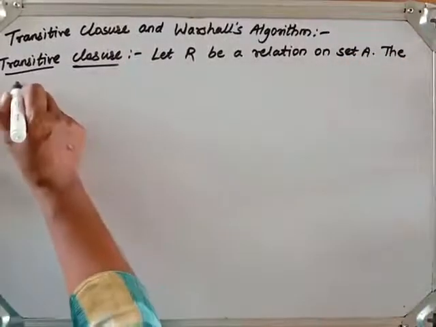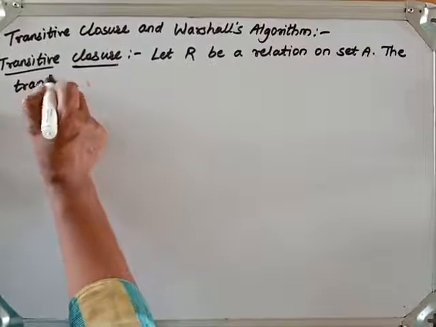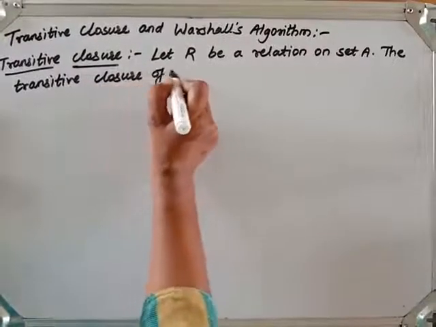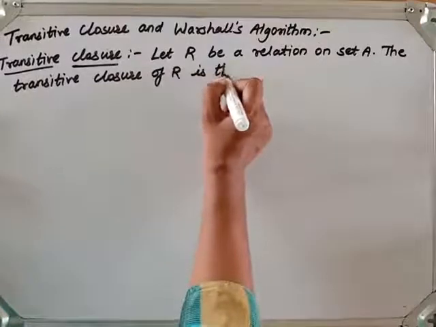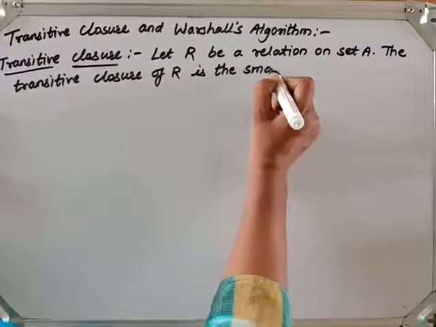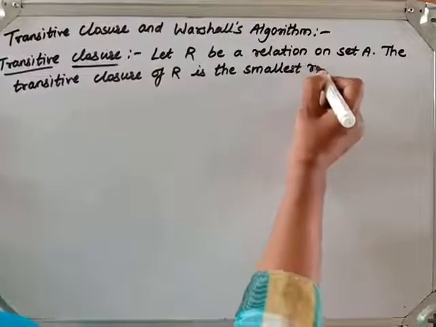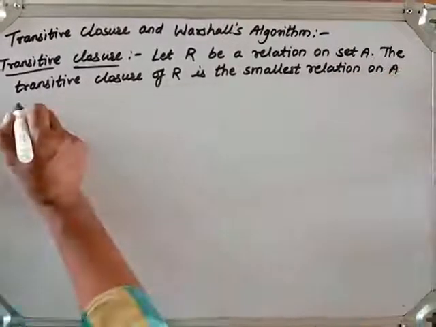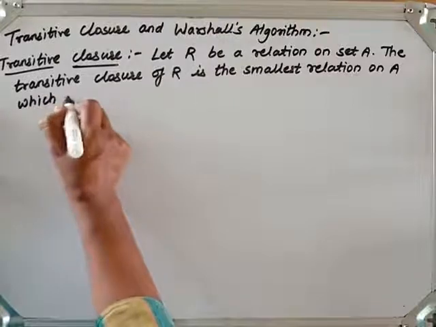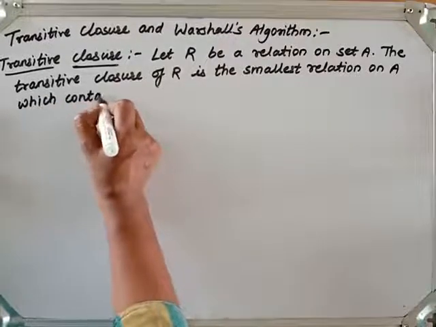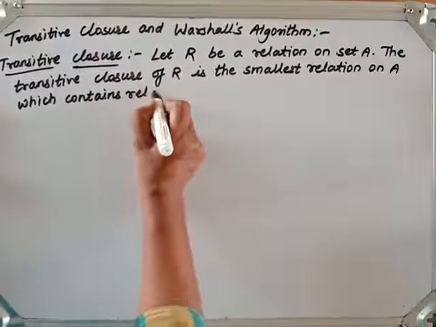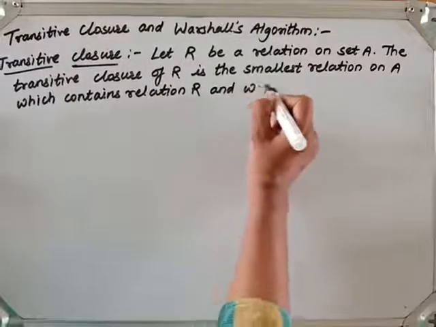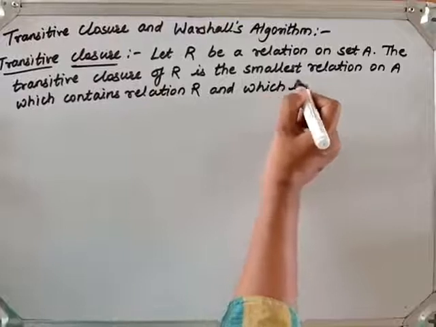The transitive closure of R is the smallest relation on A which contains relation R and which is transitive.